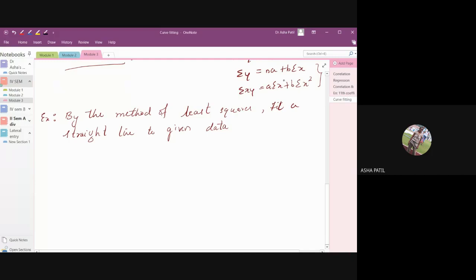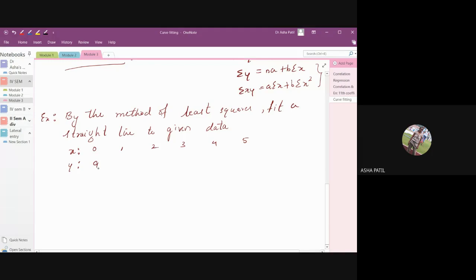You are given a set of values of x and y. The x values are 0, 1, 2, 3, 4 and 5.